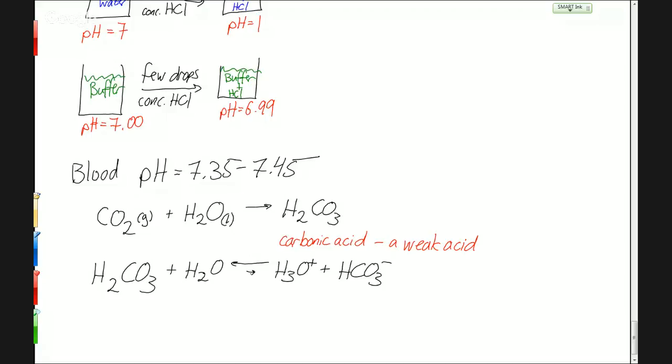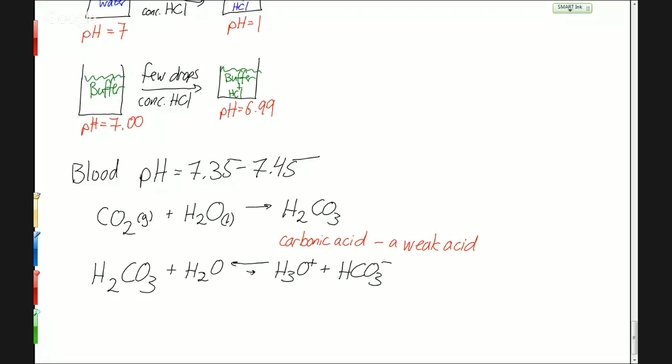So if more acid comes in, then it can form more carbonic acid, which keeps the pH constant. If basic stuff comes in our blood, then it can form more bicarbonate, which also stabilizes that pH. So having that buffering capacity gives our blood that stability.